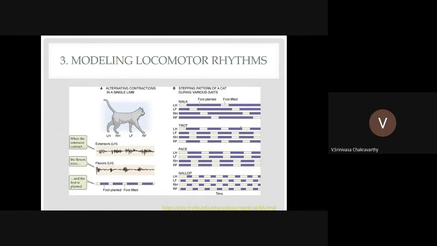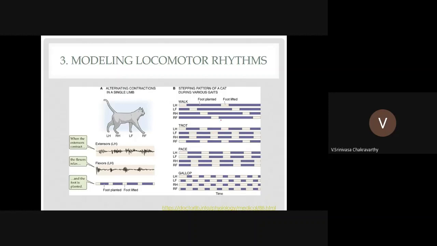The only thing is there is a subtle change in frequency when the animal turns. But otherwise, if it's running straight, the frequencies are the same for all the legs, but the rhythm keeps changing. These pictures show how the rhythms change as the animal changes its speed.